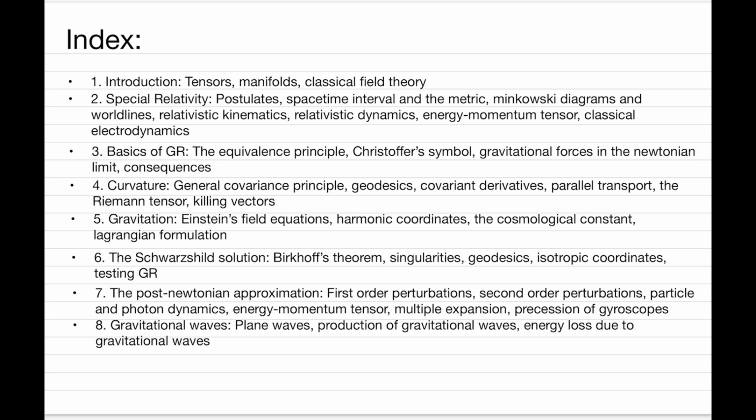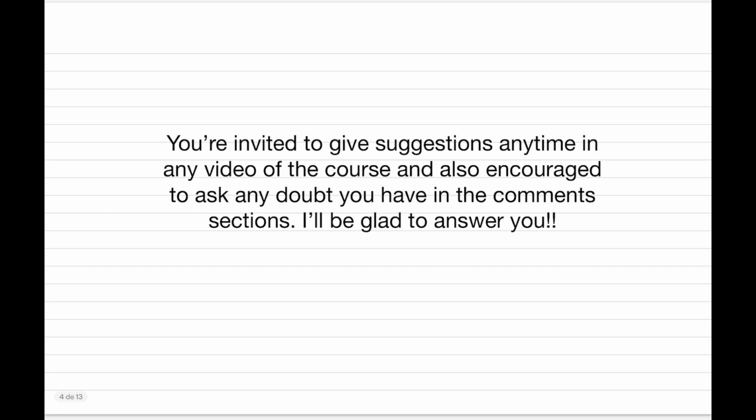So the post-Newtonian approximation is like going further to another order of magnitude of approximations. And lastly, we'll see gravitational waves, which are a propagation of energy through the gravitational field in the form of waves. So, this is going to be the course.